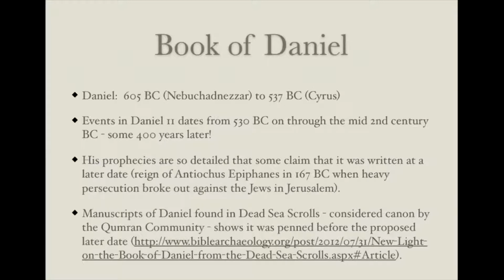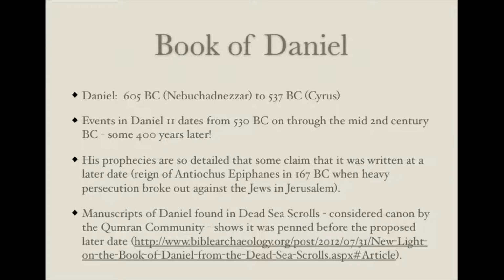And it kind of proved that Daniel was written before this time, because the Qumran community got established before that later date that they claim the book of Daniel was written. So I have a link there from BibleArchaeology.org about what they found from the Dead Sea Scrolls, which sort of disproves their later date.